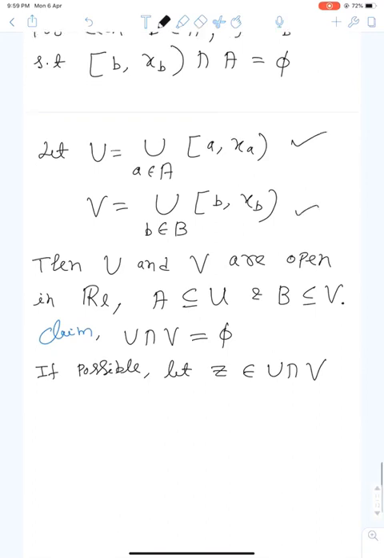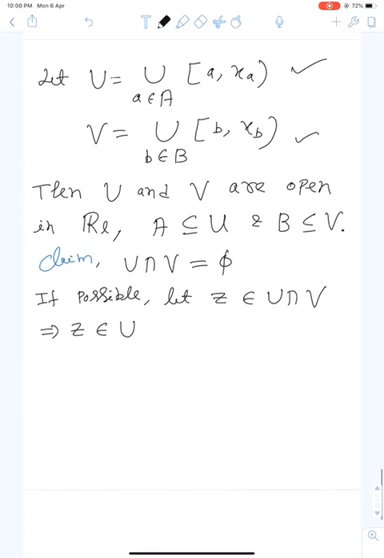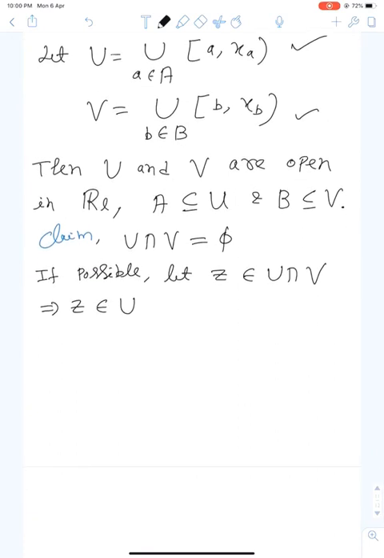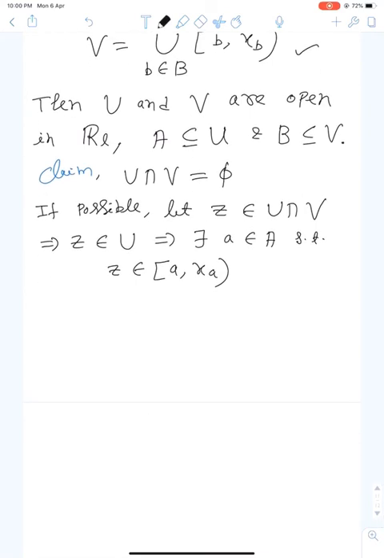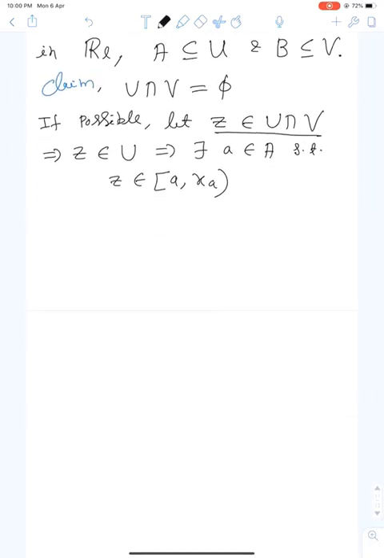So z belongs to U implies that there exists a in A such that z belongs to [a, x_a). And z also belongs to V, which implies there exists b in B such that z belongs to [b, x_b).